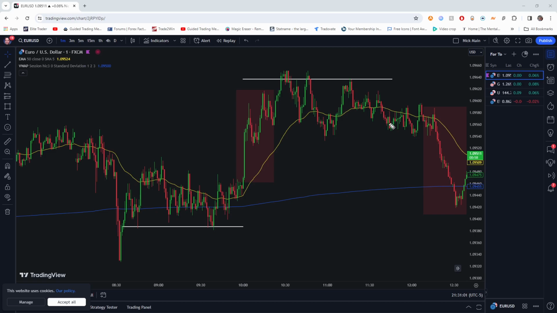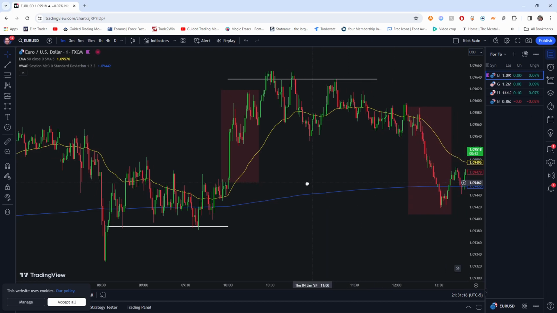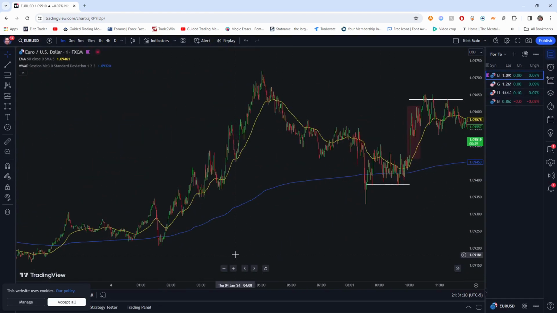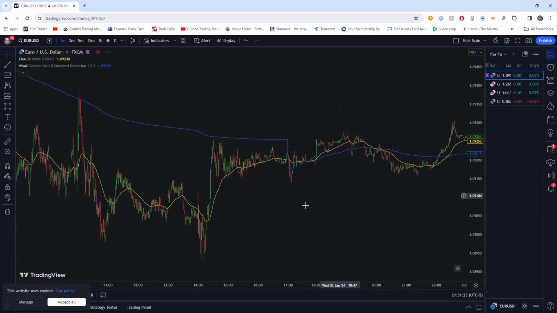So you could have got short, honestly, any point here. This is where it gets tough, because I'd have probably taken a stop out there. But then in here, if you got short in here, look how clean this move is. Honestly, it's easy to begin seeing this again and again and again. It's not complex to understand.